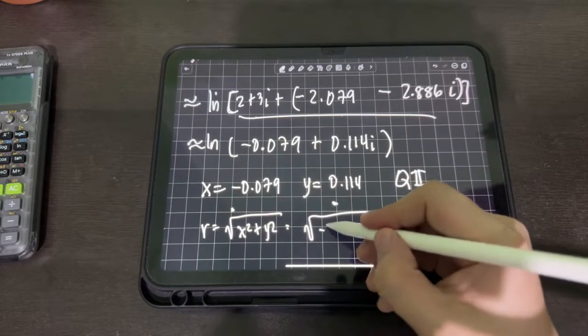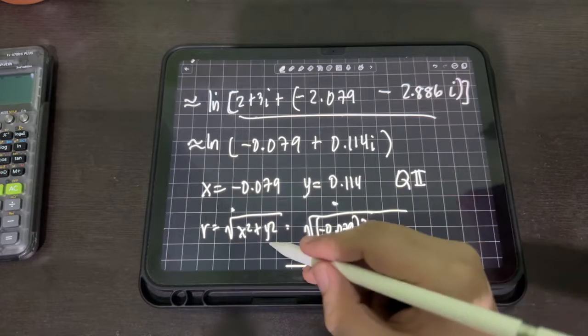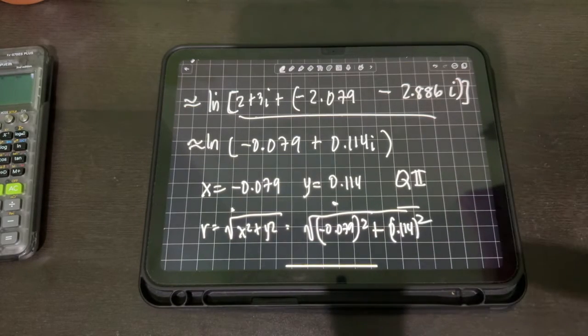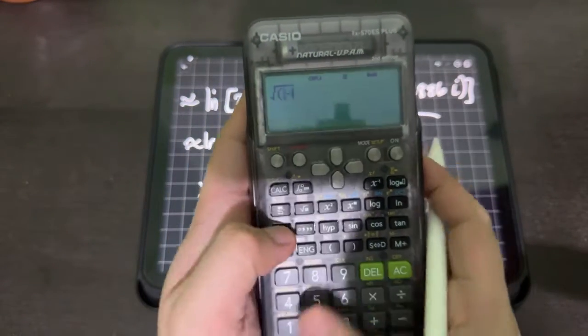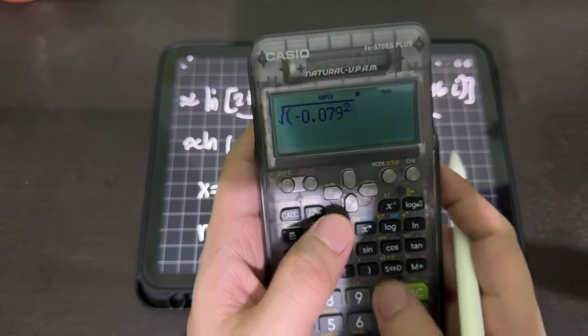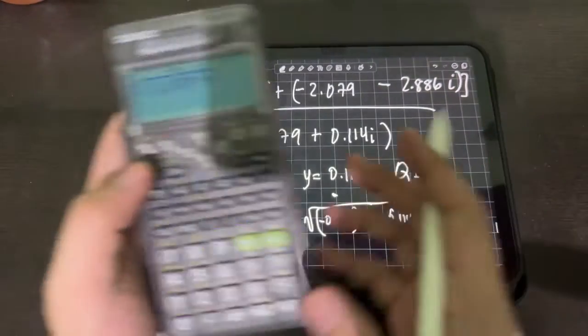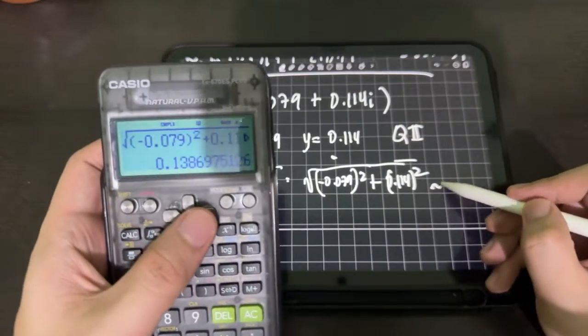Substitute x, it's negative 0.079 squared plus y, it's 0.114 squared. Using your calculator, the square root of negative 0.079 squared plus 0.114 squared is approximately 0.139.